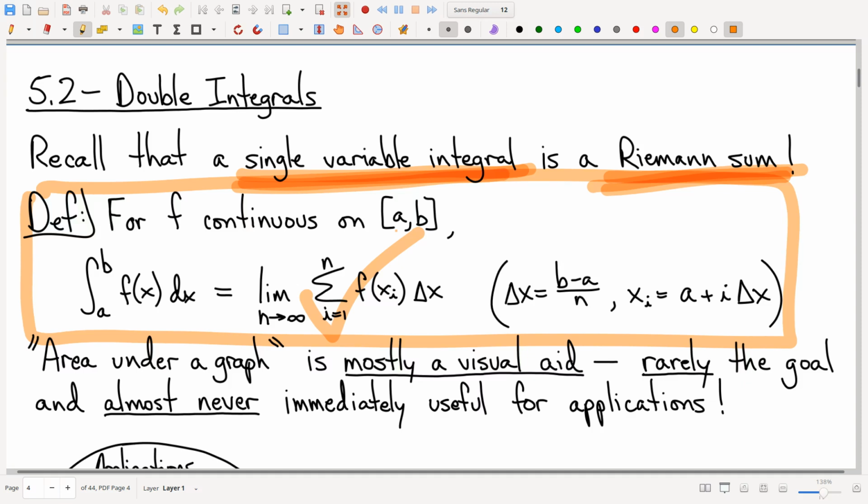Y'all may recall Riemann sums from a long time ago. I had a misimpression when I was in high school learning calculus. I somehow had it in my head that Riemann sums were the old way of computing the area under a curve, completely outdated when Newton came along and discovered the fundamental theorem of calculus. And now we would just use F of b minus F of a. We'll use the fundamental theorem to compute the area.